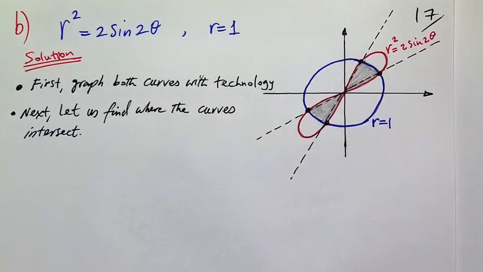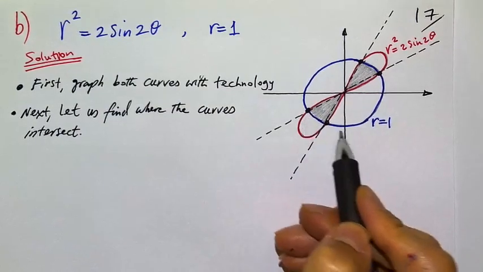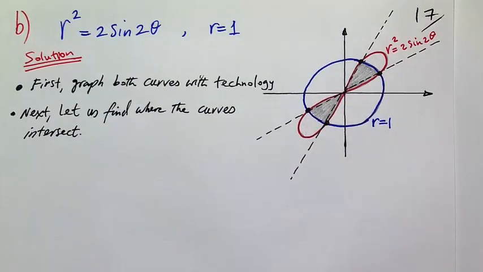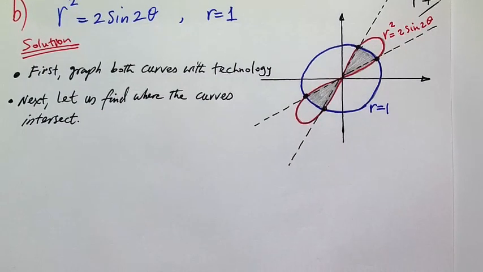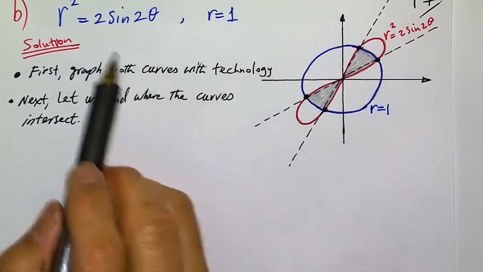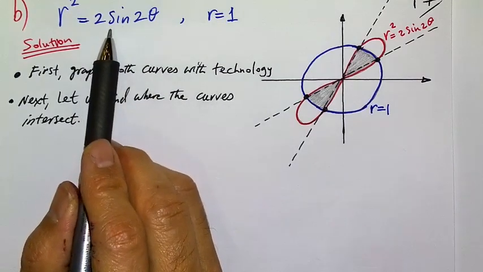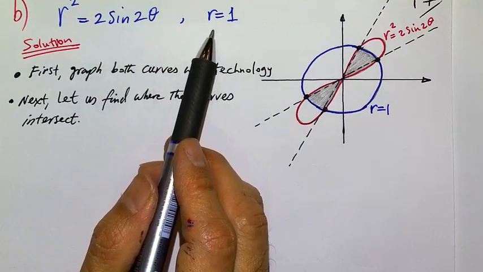I'm sure some of the technologies will give you the coordinates of these points too, in which case you just write them down and you're done. But that happens when we have this curve equals that one, right?